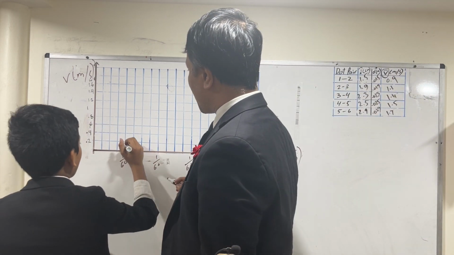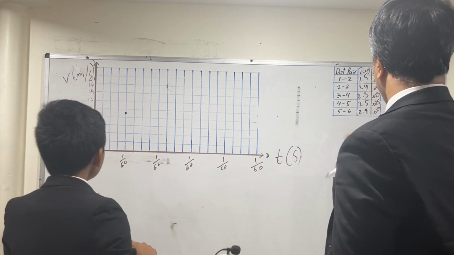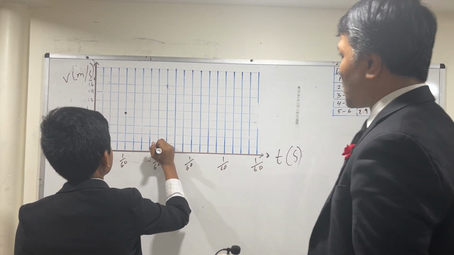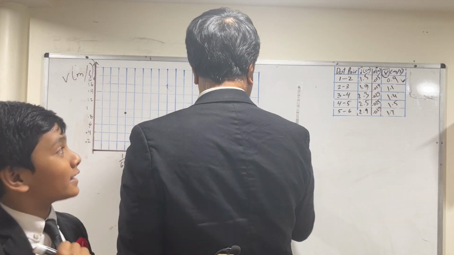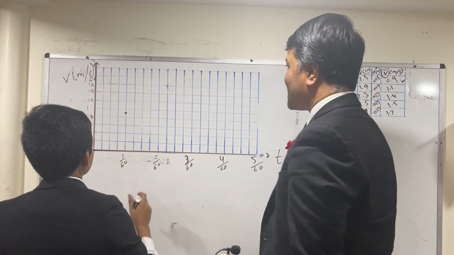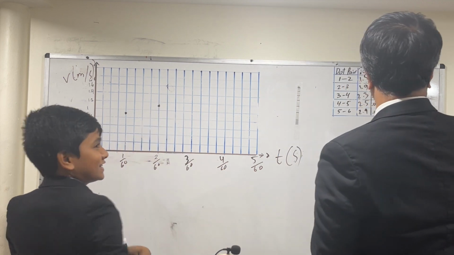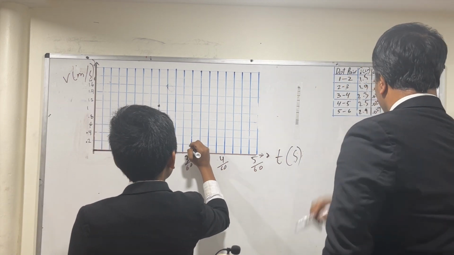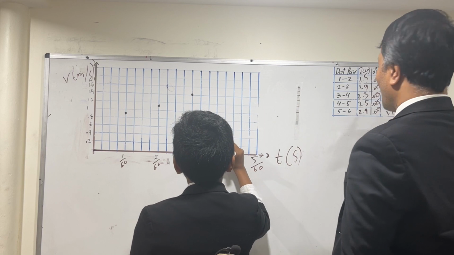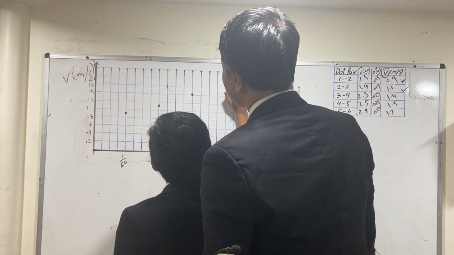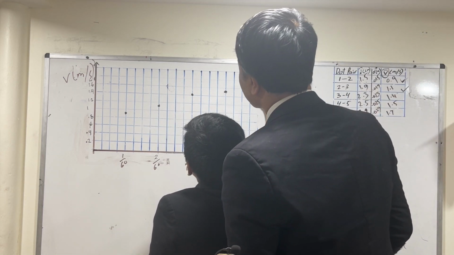The second one is 2 over 60 comma 1.1. 3 over 60, comma 1.4. 4 over 60, comma 1.5. And then 5 over 60, comma 1.7.